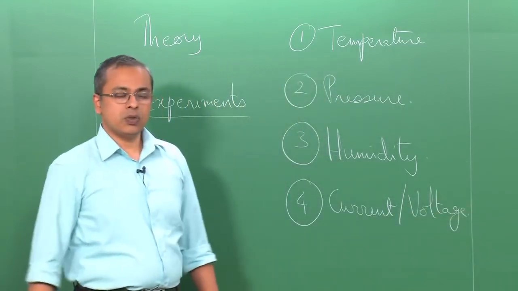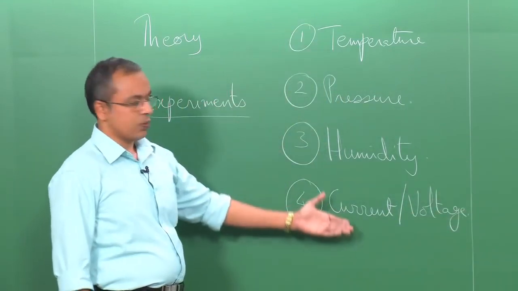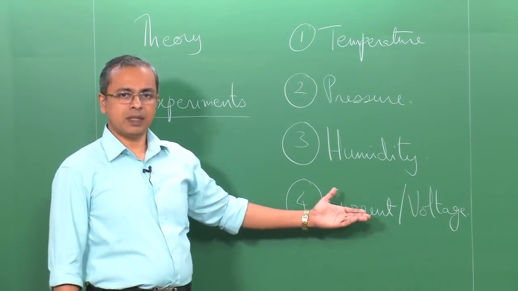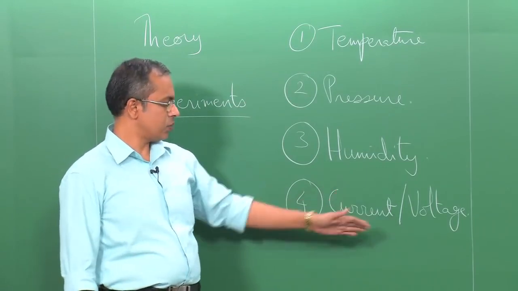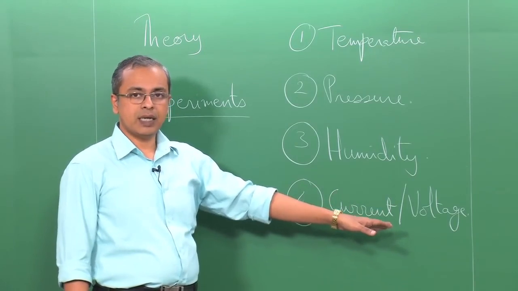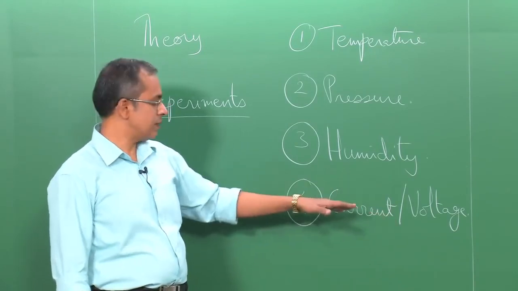Right. So, these are common quantities that you are likely to see in many experiments. You are measuring current, you are measuring voltage, you are applying a current, measuring a voltage, applying a voltage, measuring current, lot of things we do.